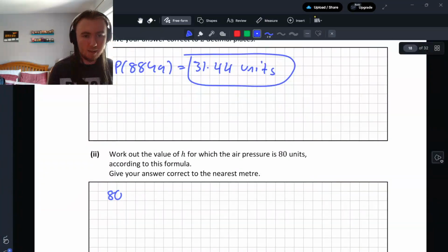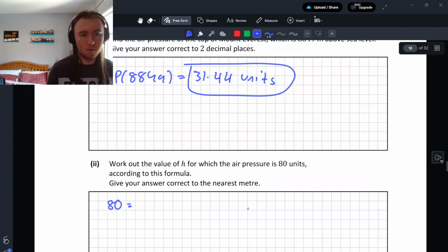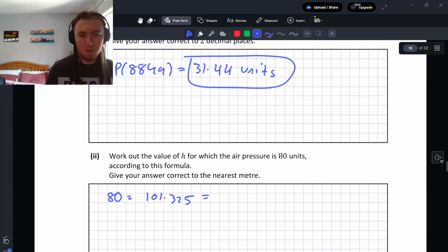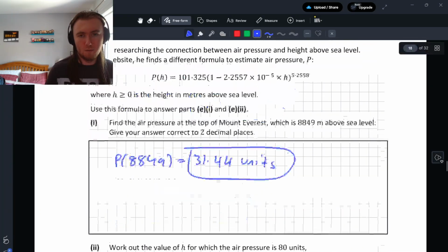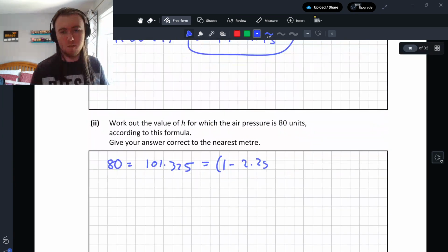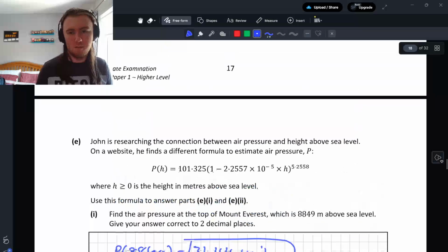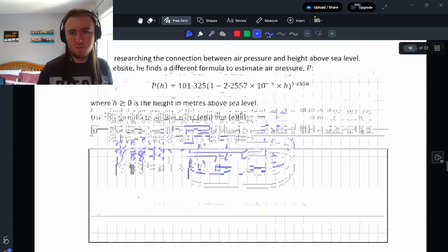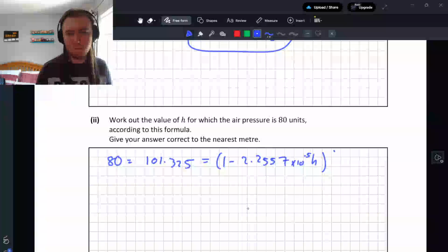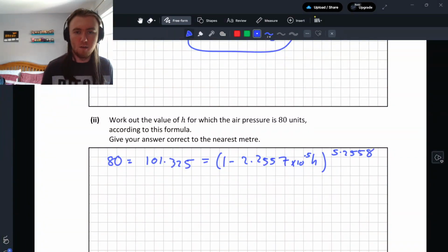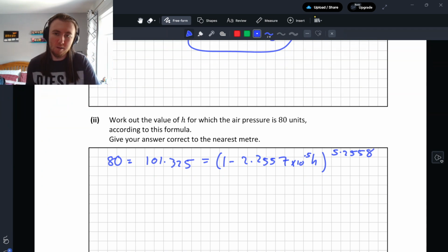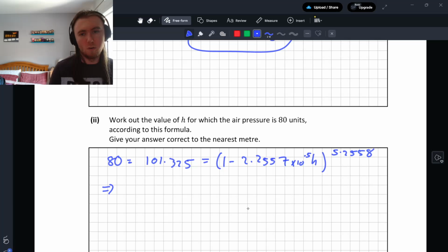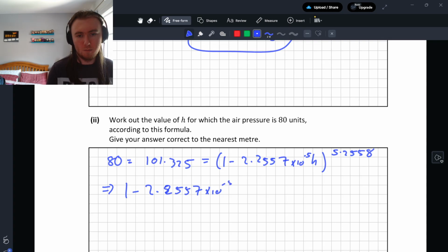Right, this one's going to be a little bit more of a doozy to work out. 1 minus 2.2557 times 10 to the minus 5h, to the power of 5.2558. Okay, so I'm just going to do a couple of steps in one because I just want to get this 1 minus 2.2557 times 10 to the minus 5h.